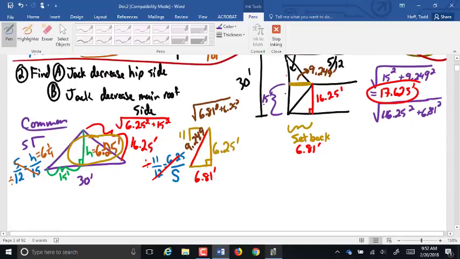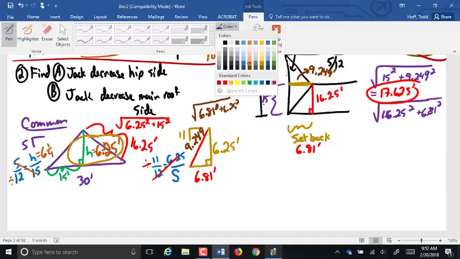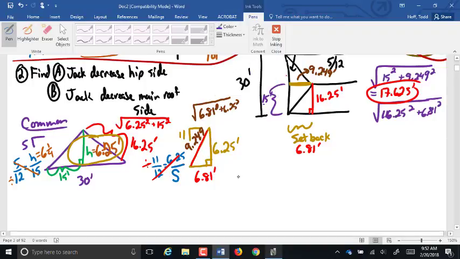So let's look for the decrease on the main roof side. What are we going to use for triangles there? Got 16.25 here, right? And the 6.81 here.